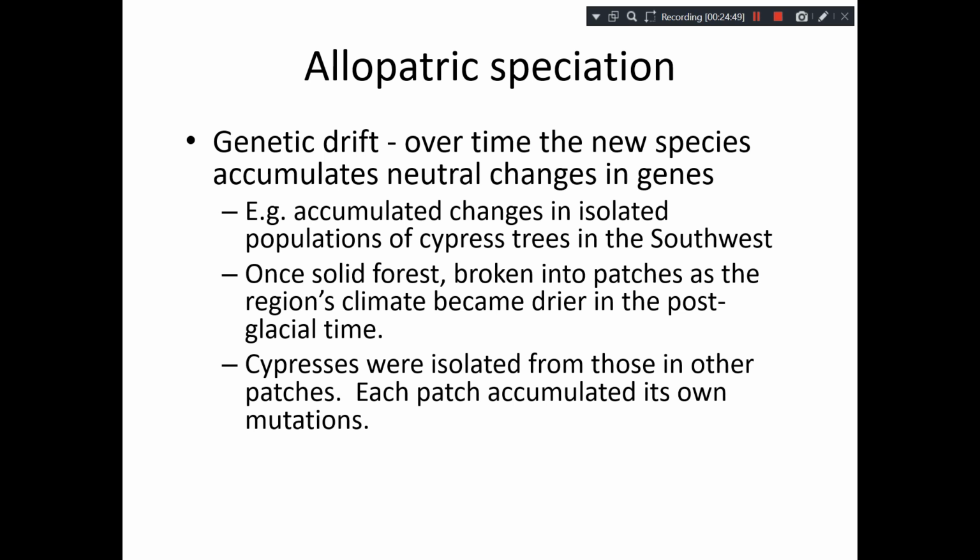When there are neutral changes in the genes, no distinct effect is seen because they are neutral changes. But if you accumulate a number of such neutral changes over a long period of time, what is known as genetic drift?